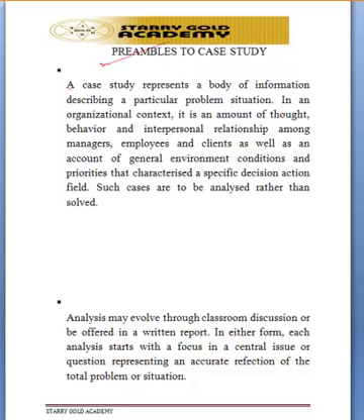A case study represents a body of information describing a particular problem situation.